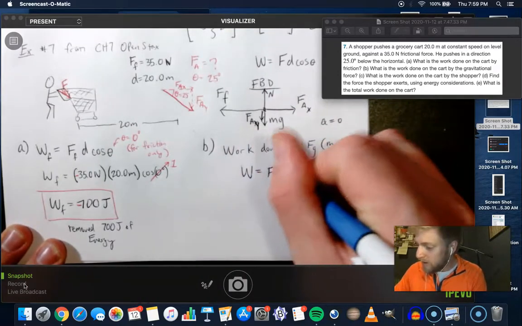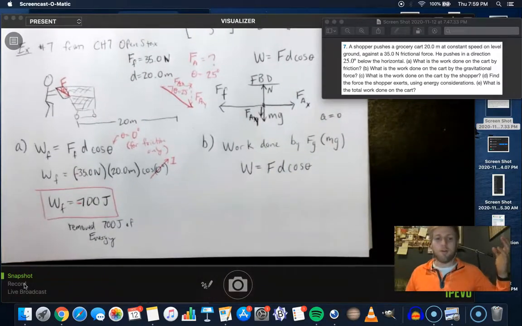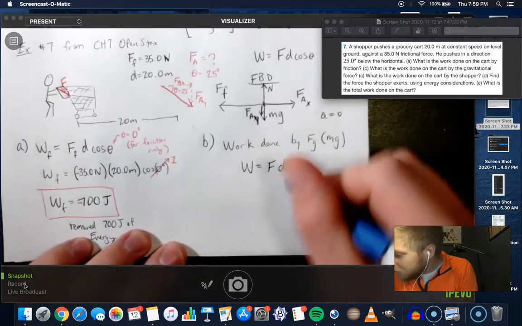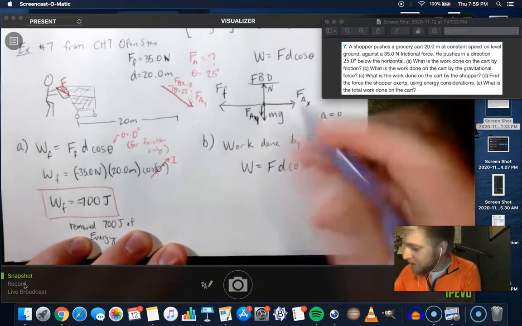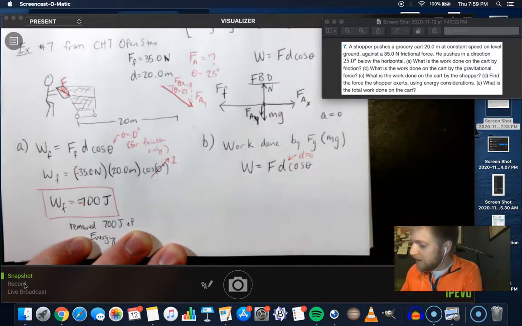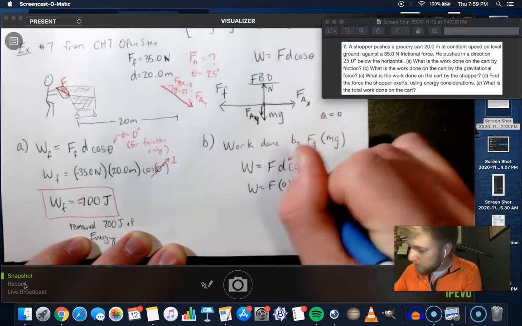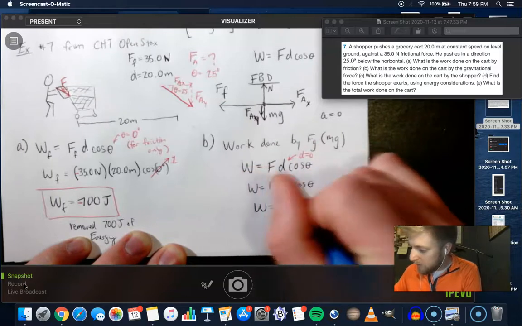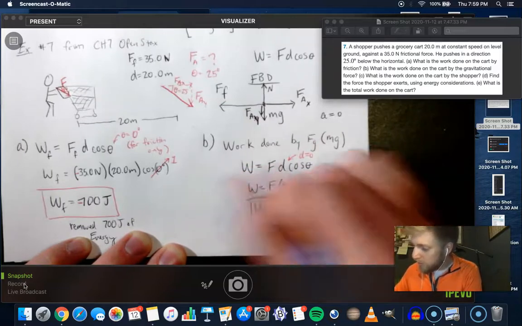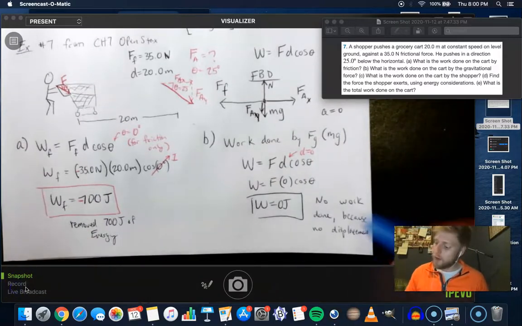If we do F d cos theta, the force can be literally whatever you want. It could be as big as a car, but because the displacement in the y direction is 0, that means that this whole term is 0. 0 joules of work are done by the gravitational force, because there was no displacement.